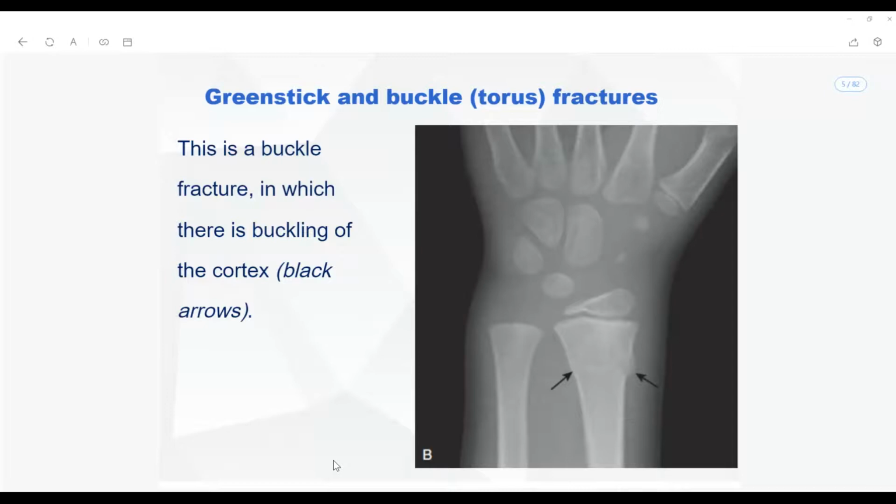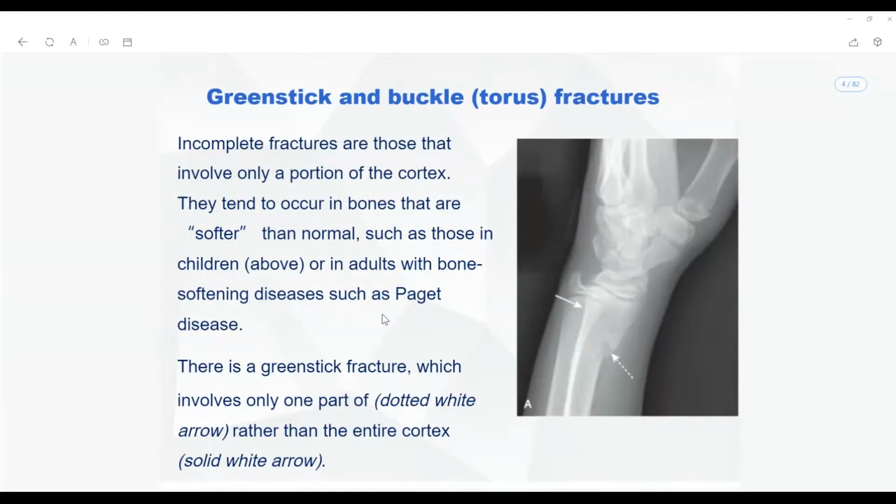Let us say I gave a history that a 3-year-old child has had an x-ray like this, and I wanted you to diagnose, and you call it a greenstick fracture, obviously. But when I make it a 60-year-old female coming with an x-ray like this, the diagnosis is entirely different. Did you understand it?